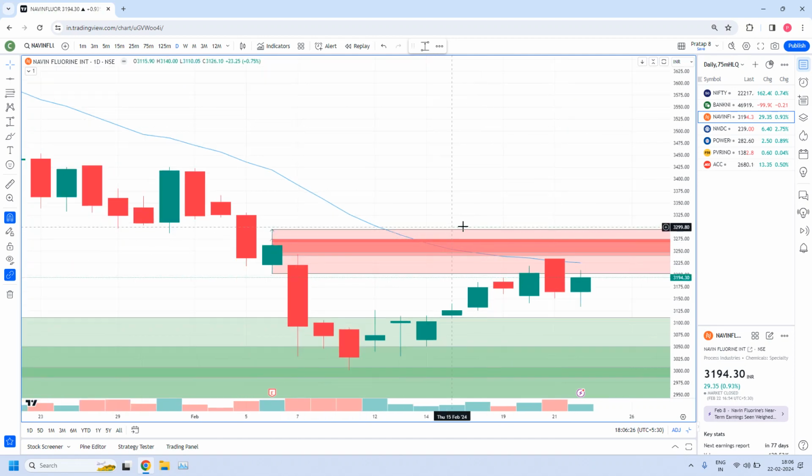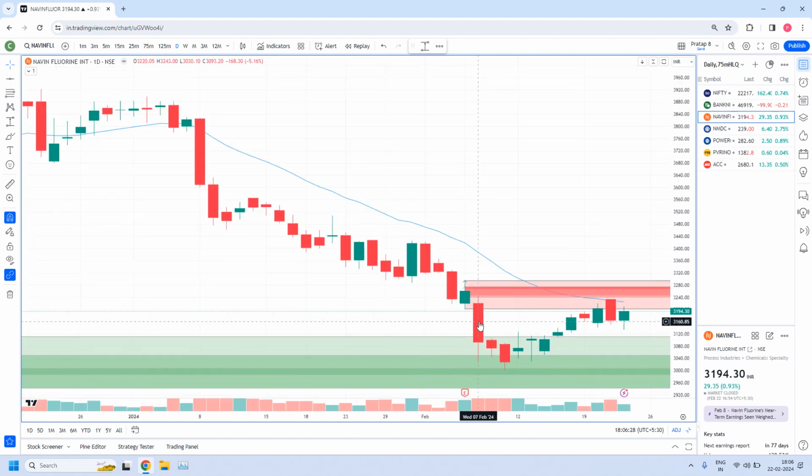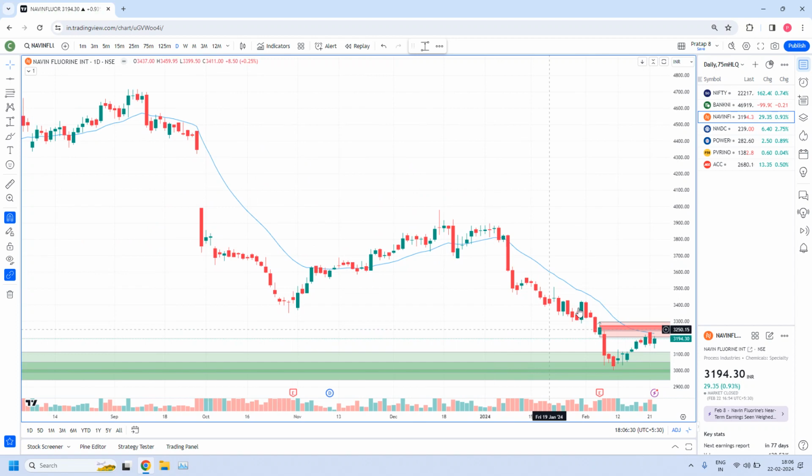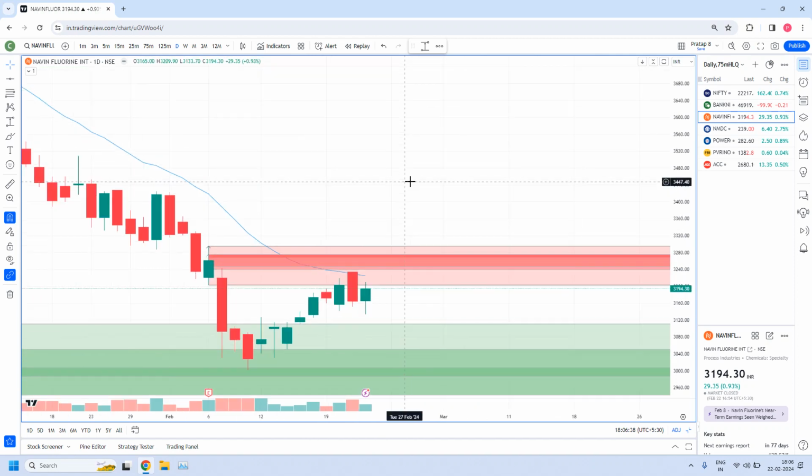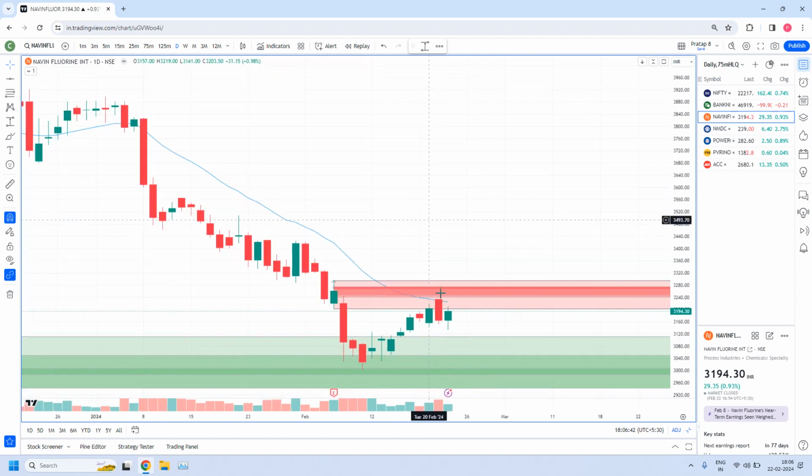Previously we did this, almost some 2 weeks back, if I am not wrong. At that time we drew both these zones. The same analysis is here. Today prices did not enter, so we did not get an entry in this.